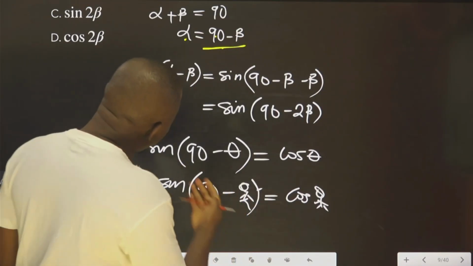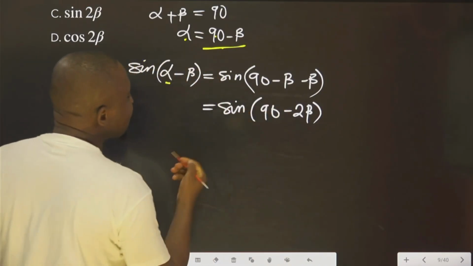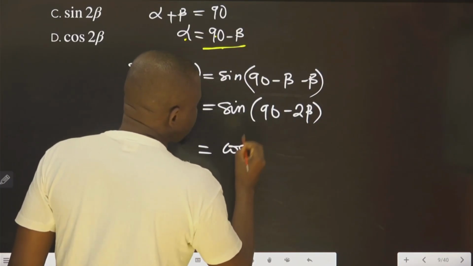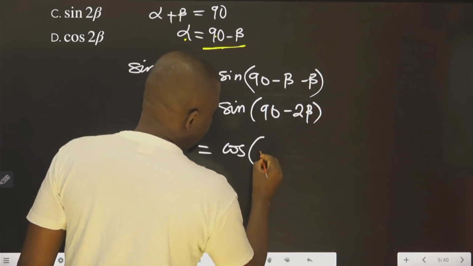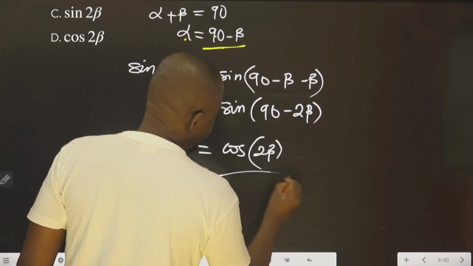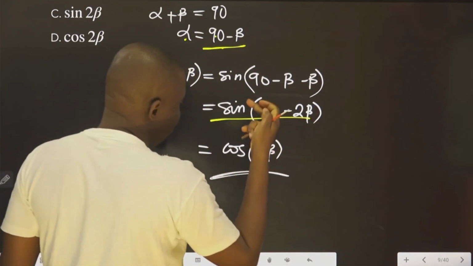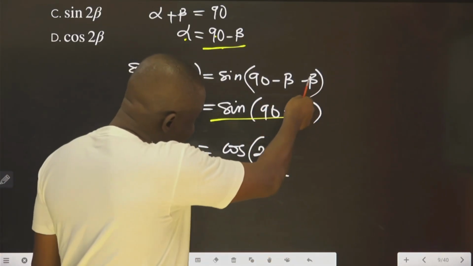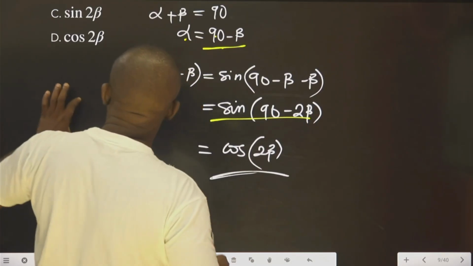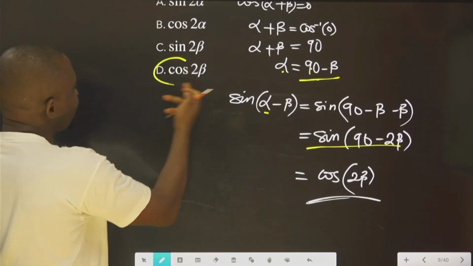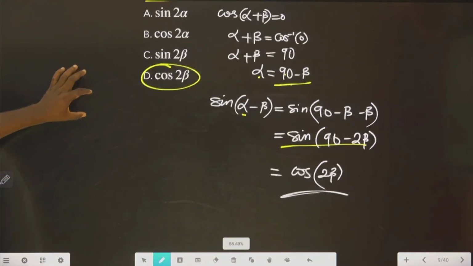Complementary angles. So therefore, this simply means this is equal to cos 2 beta. That's the meaning. This is equal to this. Whatever is here, we take cos. So check here now. This is the answer. That is D.